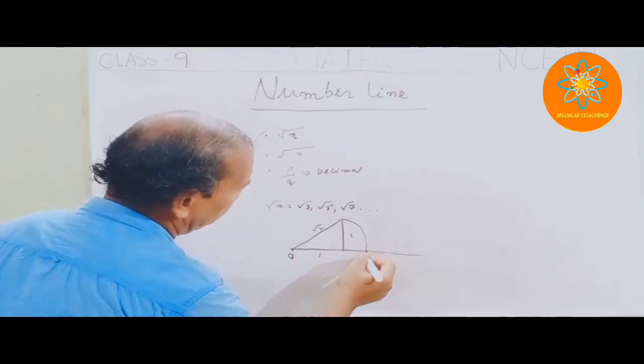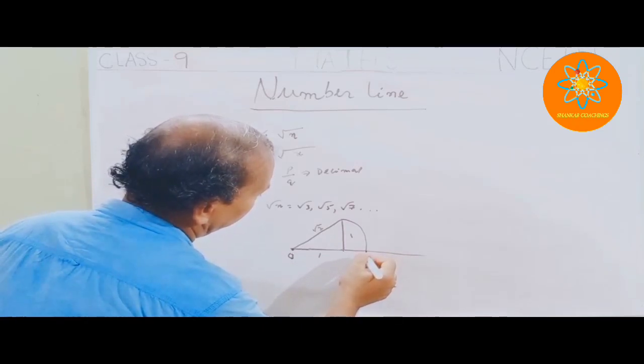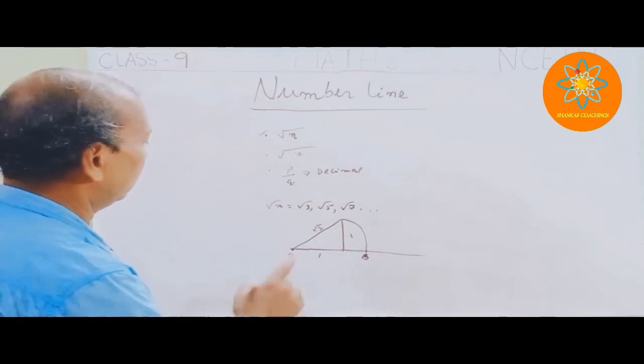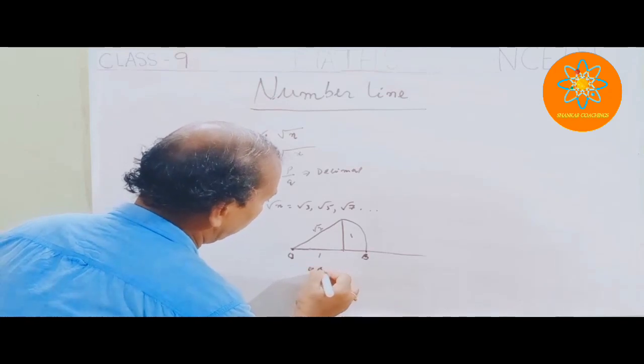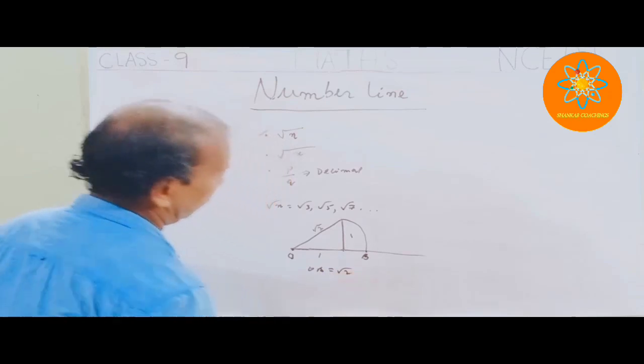Suppose it cuts the number line at the point B. So this is OB, and the value of OB is equal to root 2.